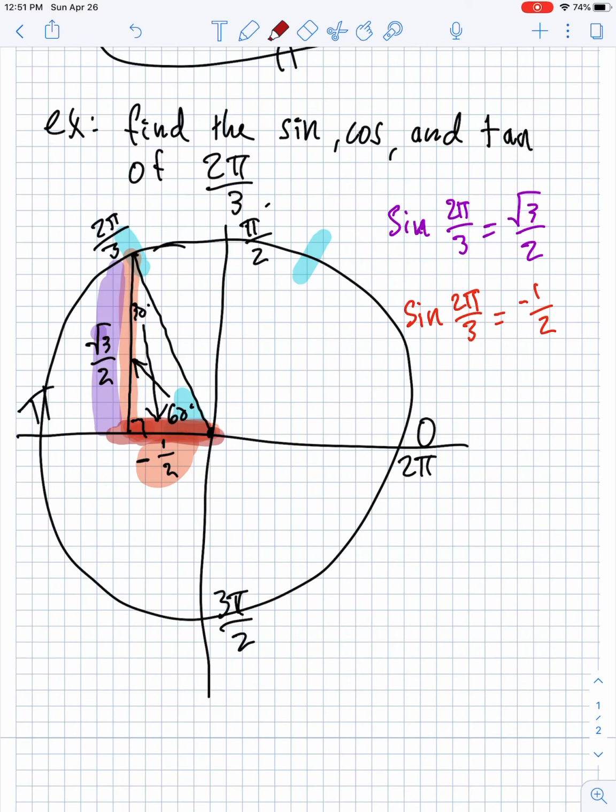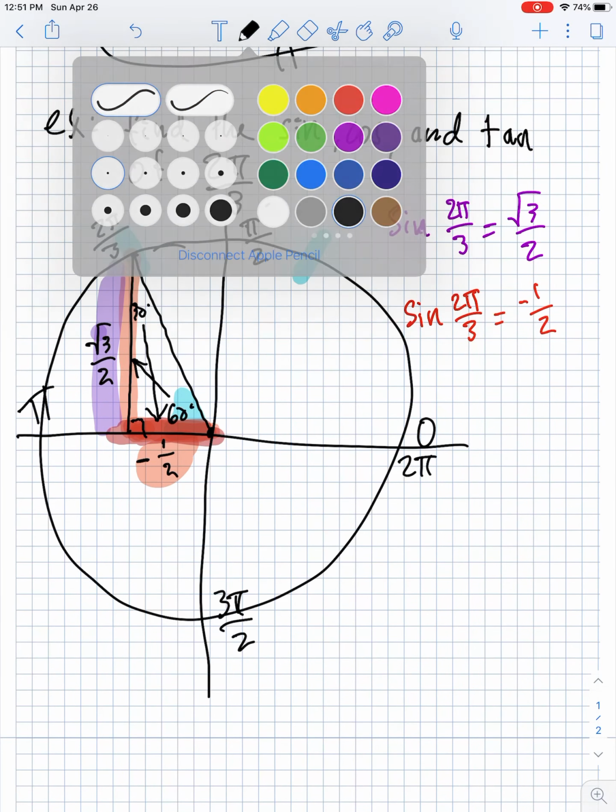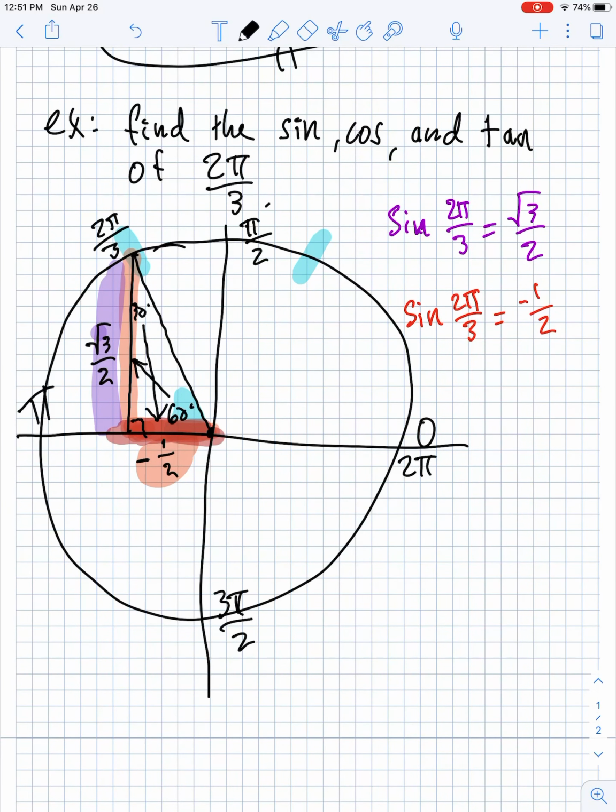Now, the tangent of this is slightly tricky because you can think of it a couple different ways. You can think of tangent as opposite over adjacent, the old SOHCAHTOA version of tangent. The opposite side is the root 3 over 2, right here, and the adjacent side is right here, the negative 1/2.